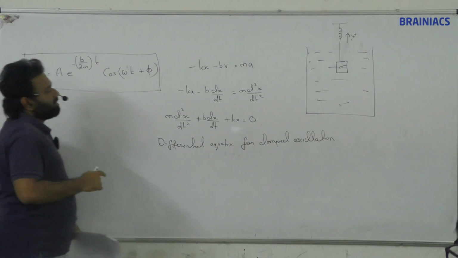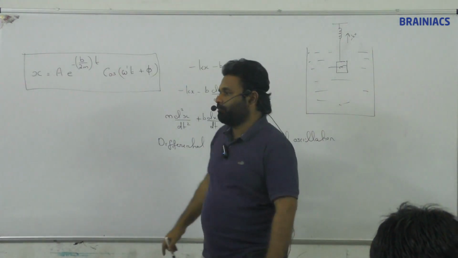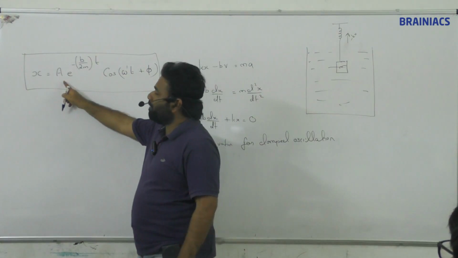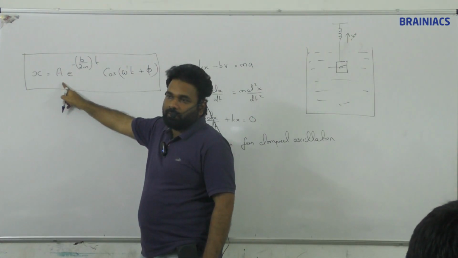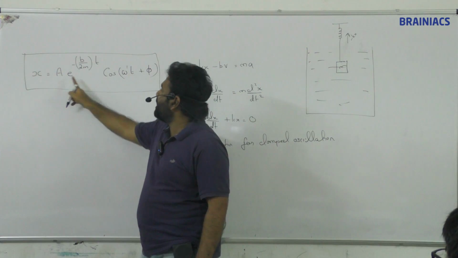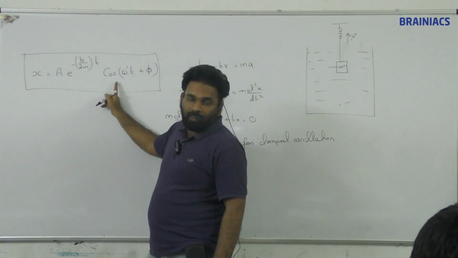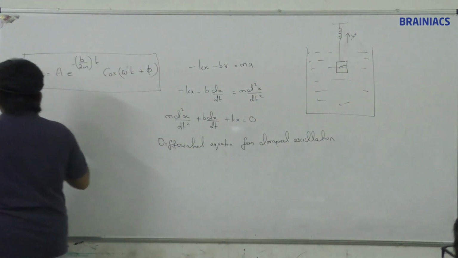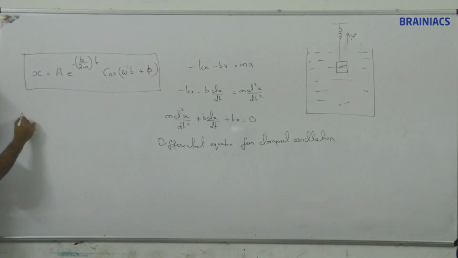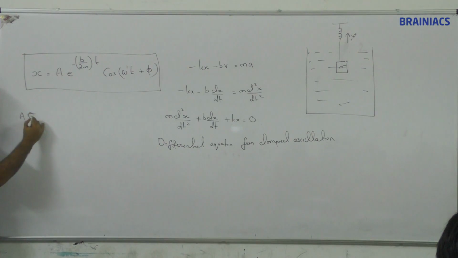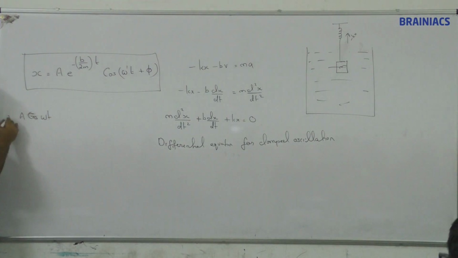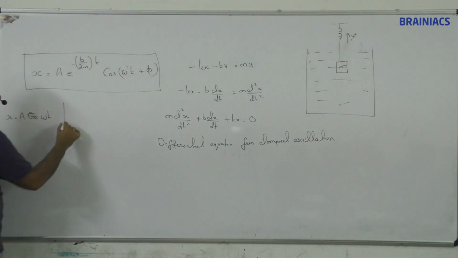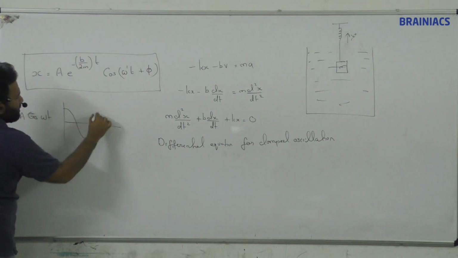A is the initial amplitude. This is not constant. Previously we wrote a cos omega t. What shape did we get when we wrote a cos omega t? The shape of the wave was this.